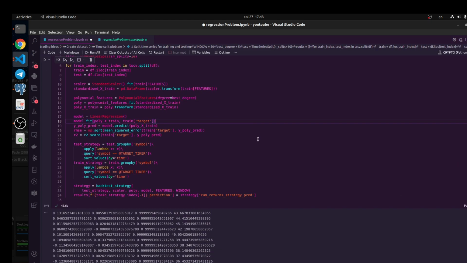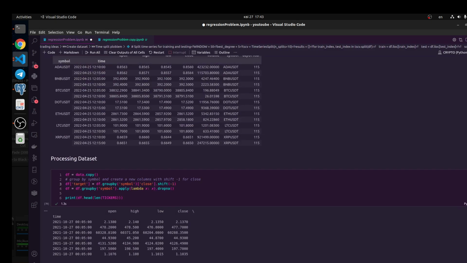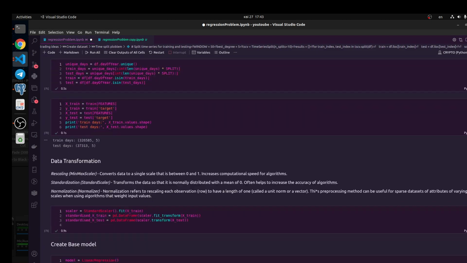Next we create our two data sets, a test strategy and a train strategy, because we need to represent our data frame in different formats. Let me show you.